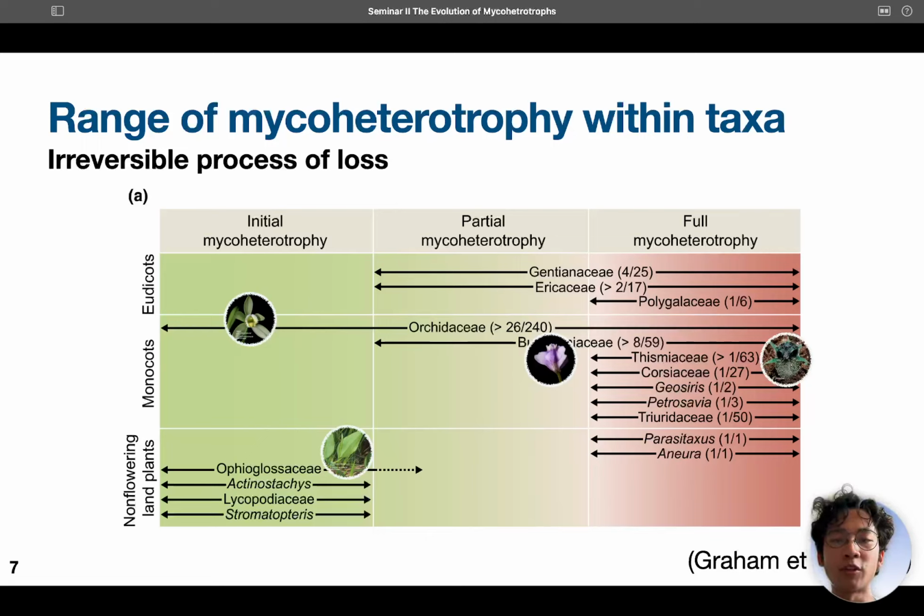And this shows that this process tends to go in one way, not the other. When the plant goes on the route of being mycoheterotrophic, it tends to stay like that and not go back.